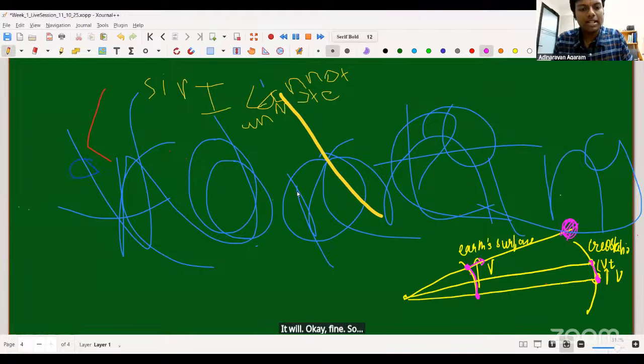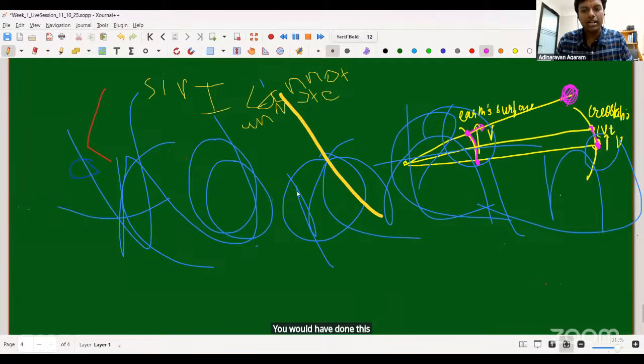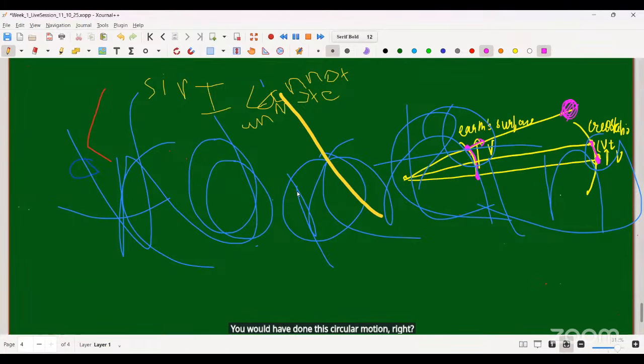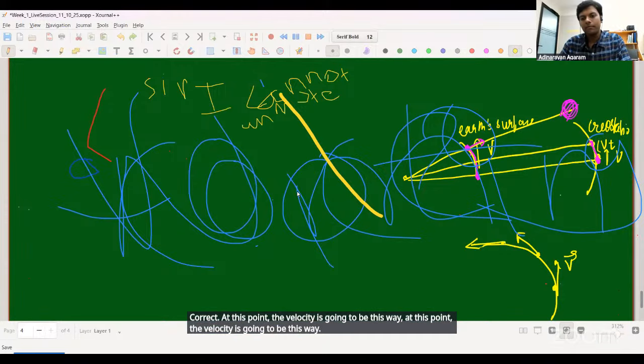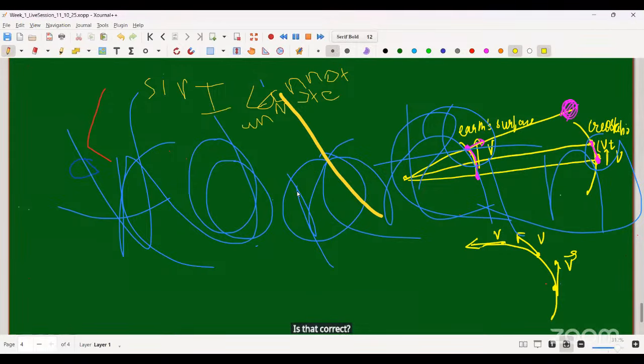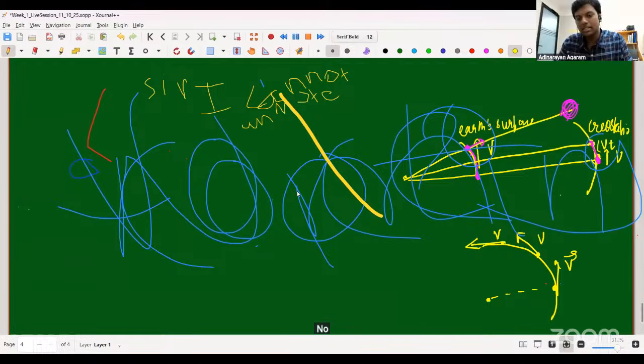So, you would have done circular motion, right? Yes, sir. So, what is the first thing in a circular motion? You have an object in uniform circular motion, and the velocity is always going to be tangential to the arc. Correct? So at this point, the velocity is going to be this way. At this point, the velocity is going to be this way. Now, all of this is because it's a uniform circular motion.